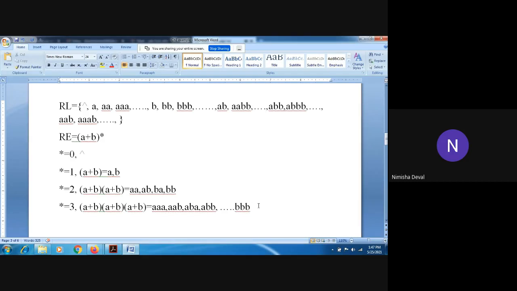So whenever you write any expression with the help of a Kleene closure, you have to think about all these processes according to regular language. Understood? Any queries?